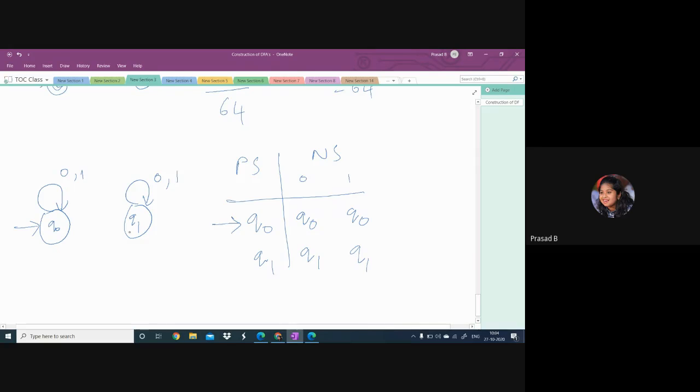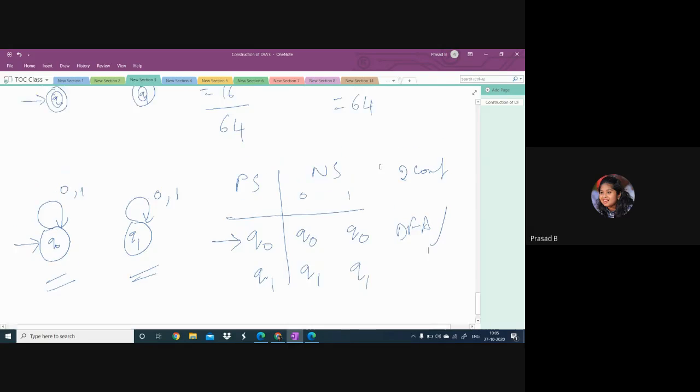There is no transition from Q0 to Q1, but the two states are given. Q0 and 0 is defined, Q0 and 1 defined, single. Q1 and 0 defined, Q1 and 1 defined, single. So it is satisfying both the two conditions. So this is a DFA.